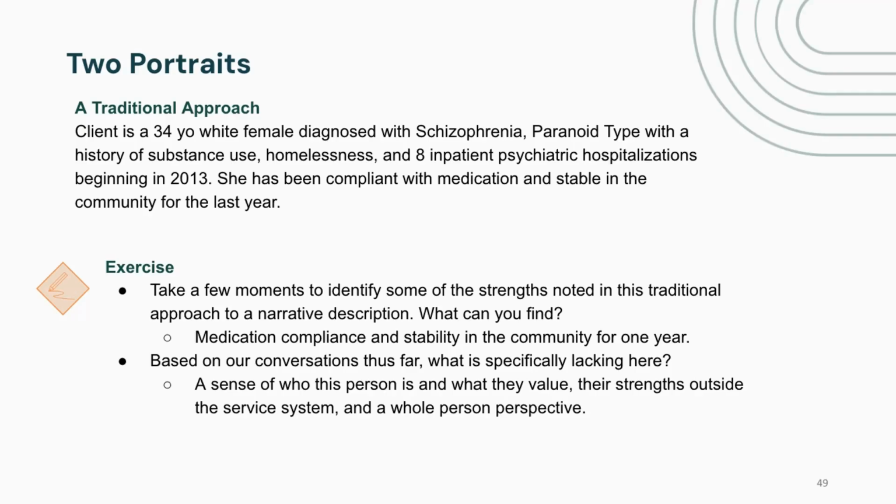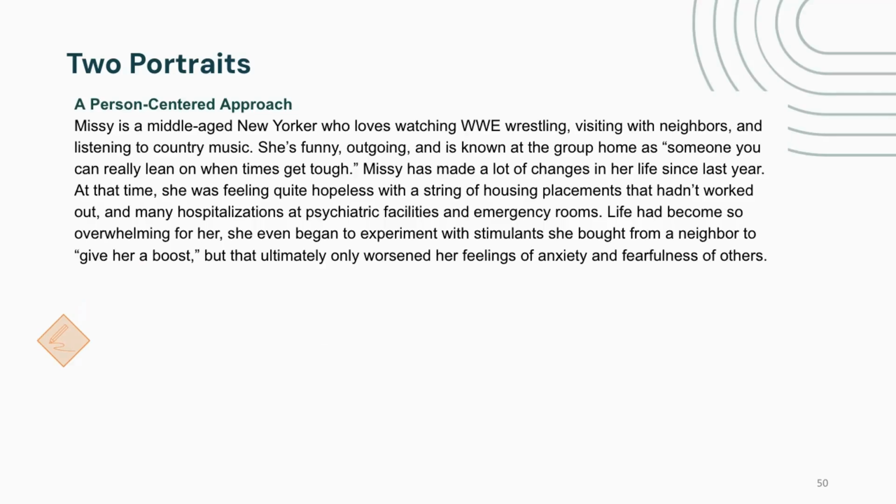Part of this, we believe, is a sense of who the person is and what they value, their strengths outside the service system, a whole person perspective. Who is this person? Let's try a person centered approach.